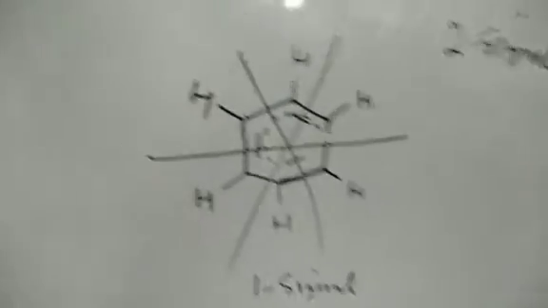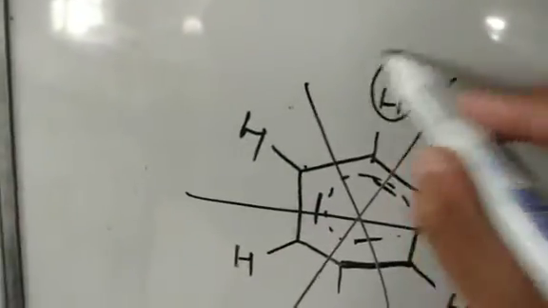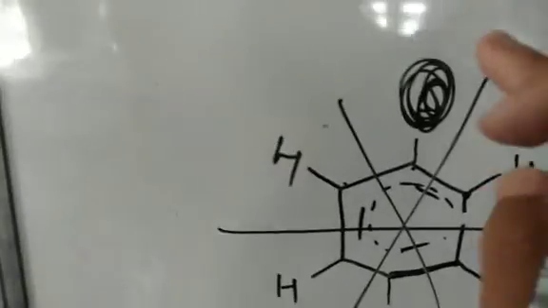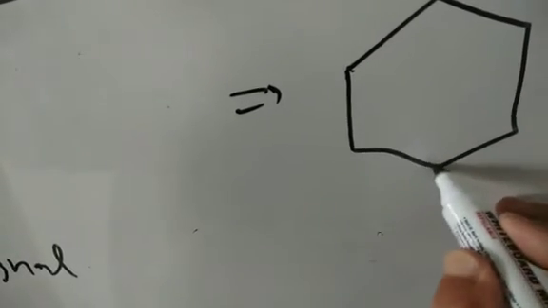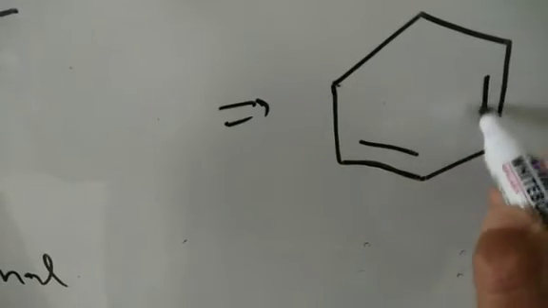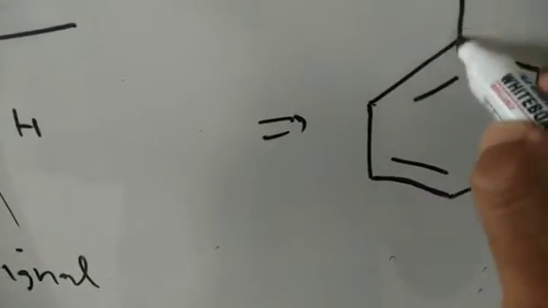Fine. Now I will take a molecule and replace this by some group. Let us say CH3. So we'll make a molecule. Anyhow, this is CH3.